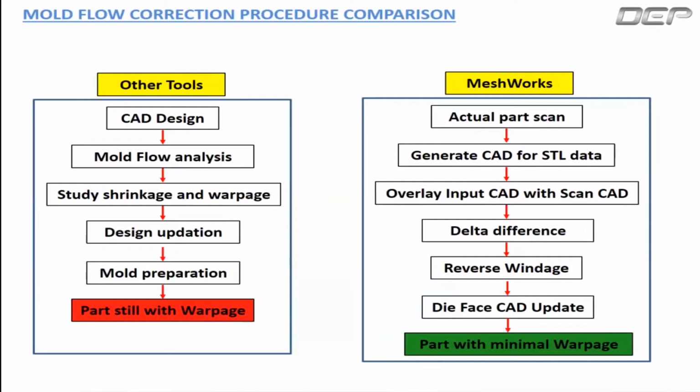To identify the delta difference, MeshWorks internally has a process which will identify the difference, and it will do a reverse compensation with a morphing process within MeshWorks. So you will have a warpage compensated CAD design directly generated from MeshWorks, which we can take forward for the die phase studies and further prototype generation.